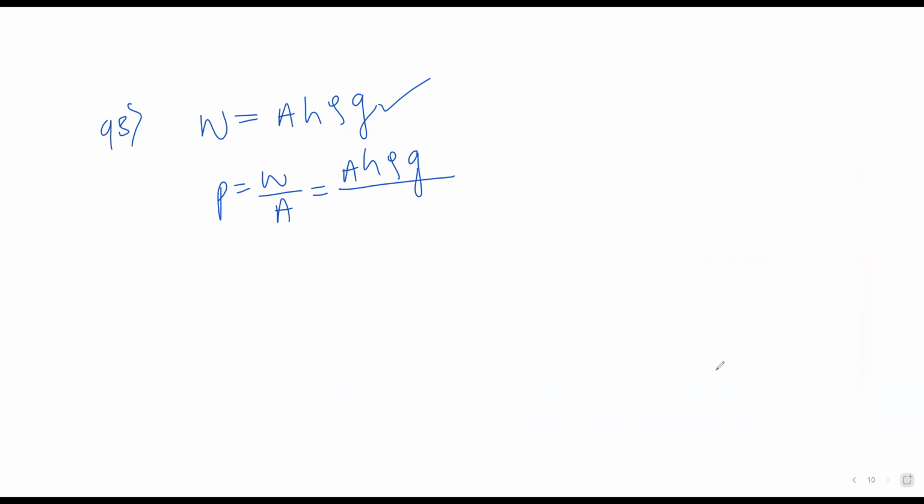93rd one. For a mountain of height h and base area a, weight can be written as W is equal to a h rho into g. Pressure at the base due to its own weight is weight divided by area. Substituting the weight, area gets cancelled, and we get h rho g.